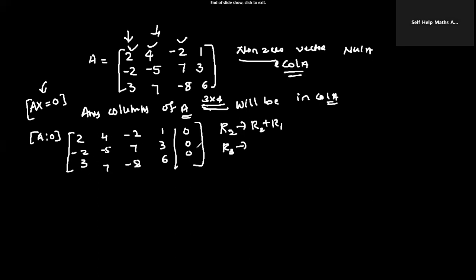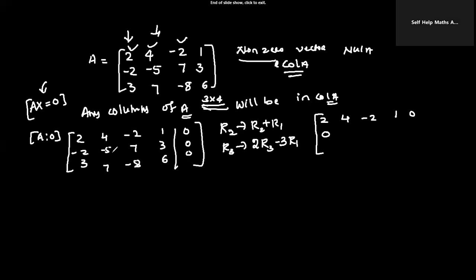here it is 3 and here it is 2. So simply multiply this with 2 and this with 3. So R3 changes to 2 times R3 minus 3 times R1. Here we'll be obtaining 2, 4 minus 2, 1, 0, as we are not making any changes in R1. So this is 0 here.